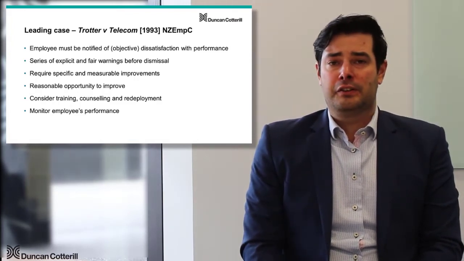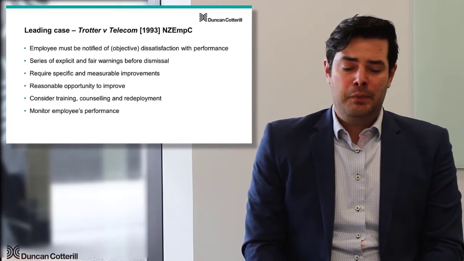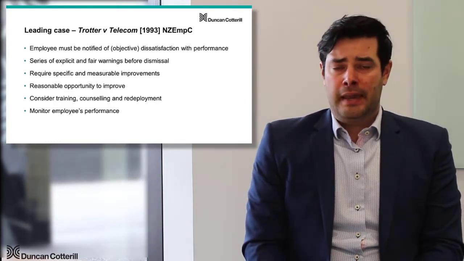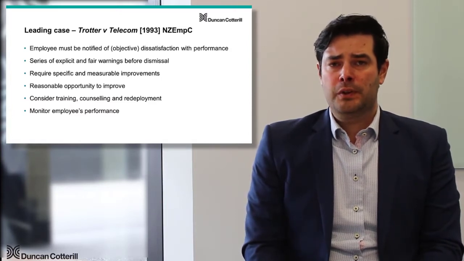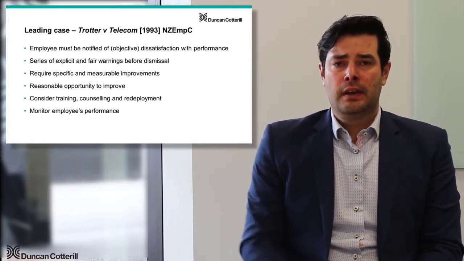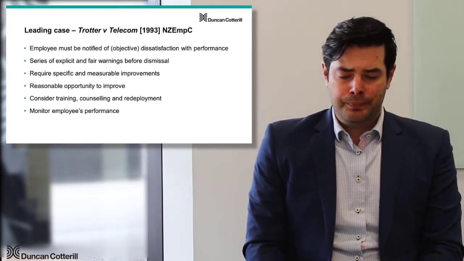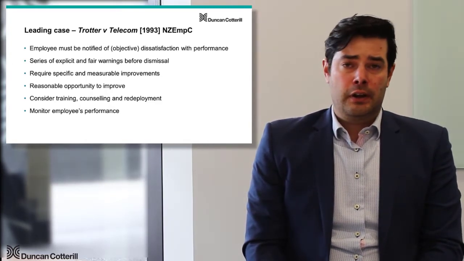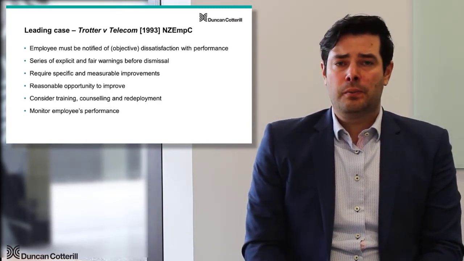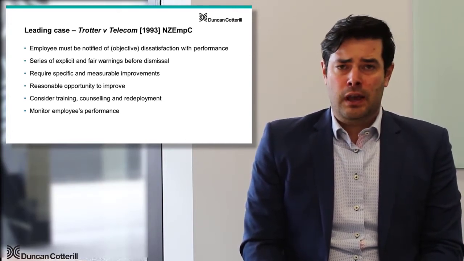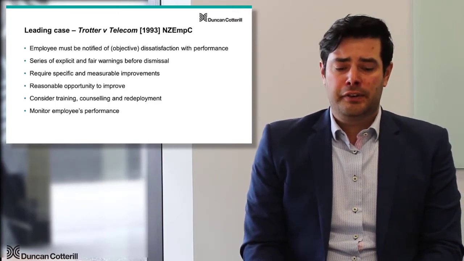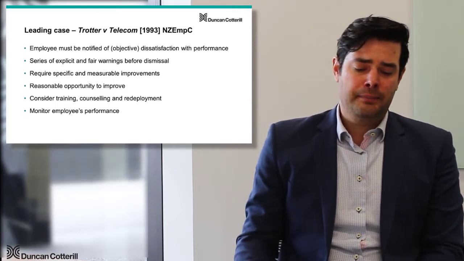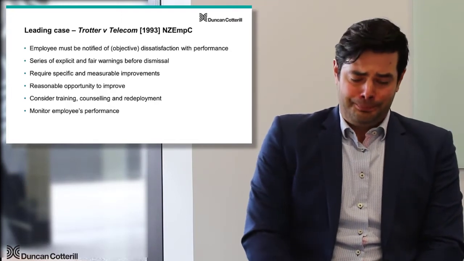Mr. Trotter's performance did not improve to her satisfaction, and within that 2-week period, the manager sought and received permission to terminate his employment, and as soon as the 2-week period ended, he was out of a job. Mr. Trotter took a claim for unjustified dismissal based on the employer's conduct and received monetary rewards in excess of $370,000, which is a lot of money now and certainly was back in 1993.